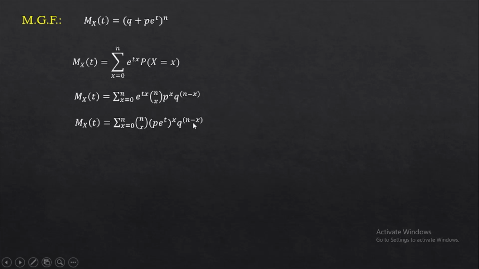Okay, and q is as it is, q raised to n minus x. So our Mx of t is equal to q plus p e raised to t bracket raised to n. Again this is the binomial formula or binomial expansion which we defined earlier. So this is our MGF of the binomial distribution. Mx of t is equal to q plus p e raised to t bracket raised to n. Very simple.